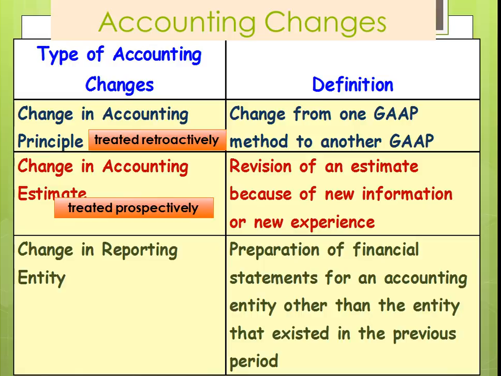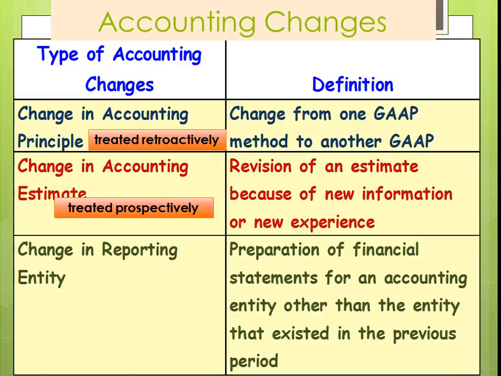The next thing that we can have is change in reporting entity. This is when we go from owning less than 20% of another company's stock to owning more than 20%. Or if we go from owning 50% or less to more than 50%, we're going to have to change how we present that on the financials.